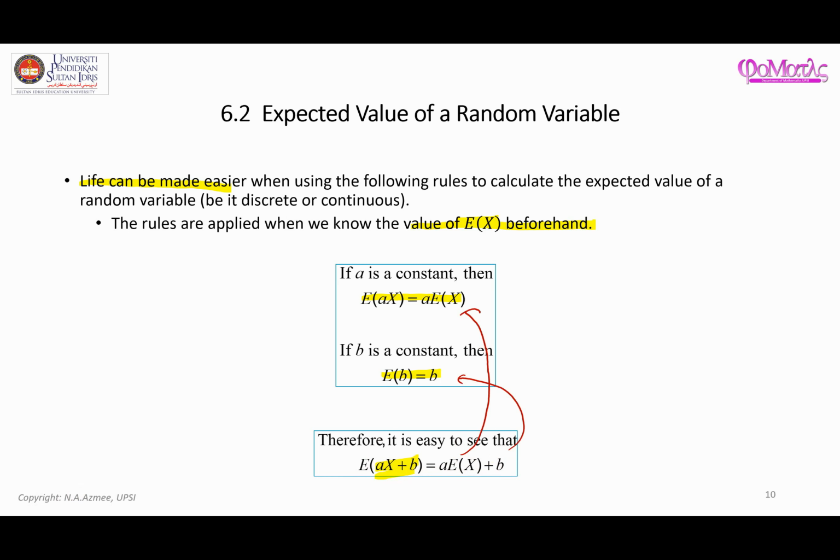We have learned before that if you have E(X), you can find this mathematical expectation by doing the summation of x times f(x) if X is discrete, or the integration process if it is continuous.